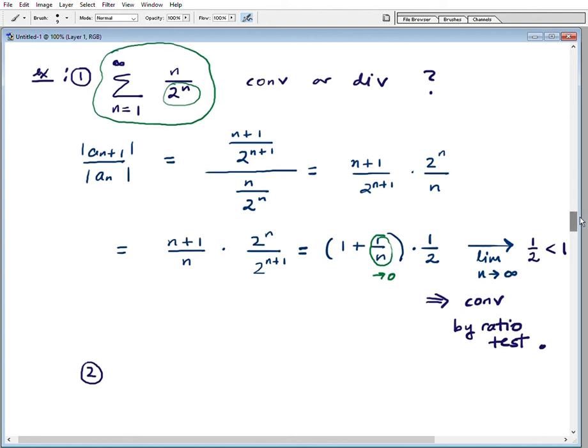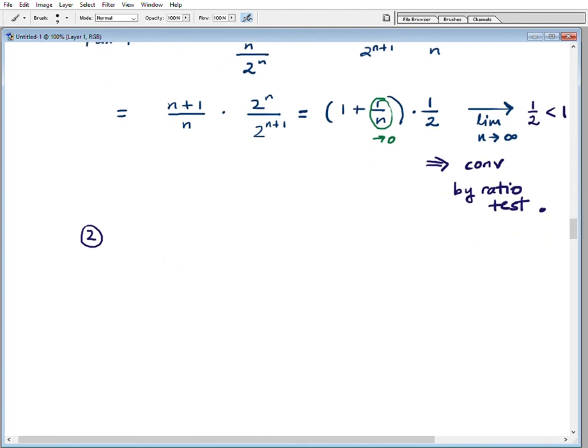Here's another one. This one's from the book. Here we have 2 to the n plus 1 and here we have 3 to the n. You don't have to do this, but you could factor out a 2.